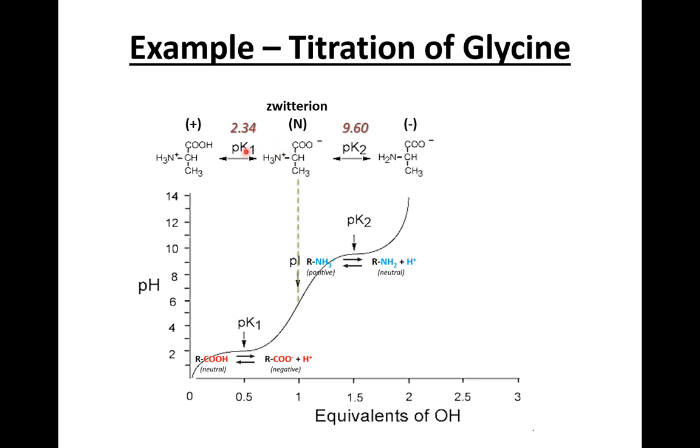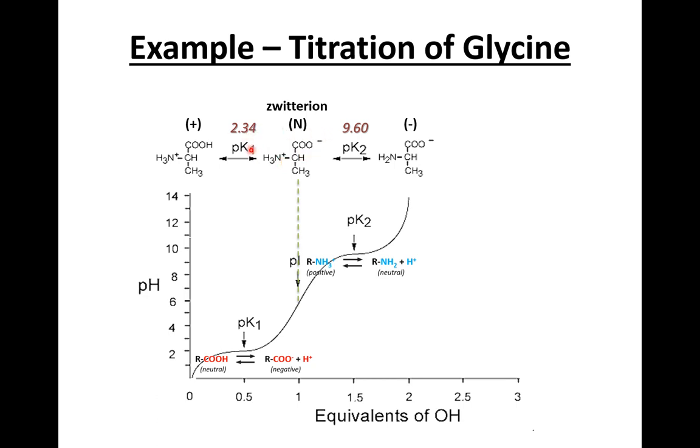At a certain point, though, you will have fully deprotonated the carboxyl group, but you will not have started deprotonating the amino group yet. At this point, this group is in the negative form. 100% of your amino acid will be in this form, with 100% of the carboxyl group in the negative form and 100% of the amino group in the positive form.